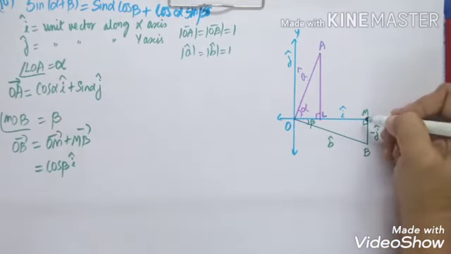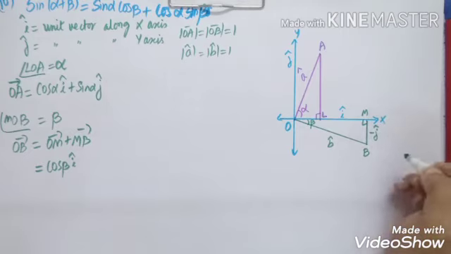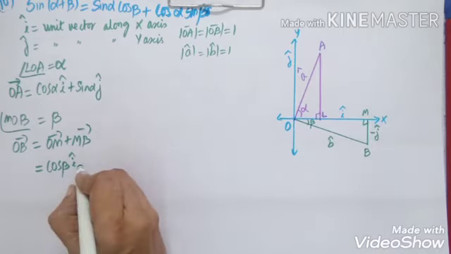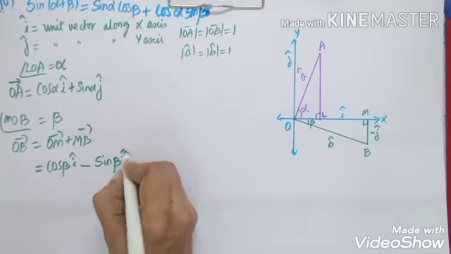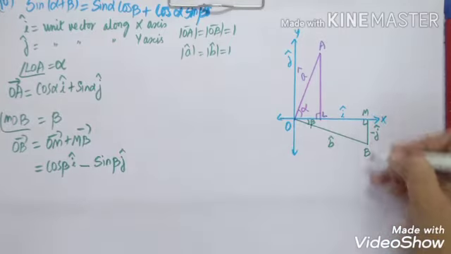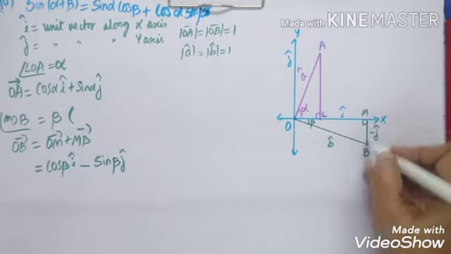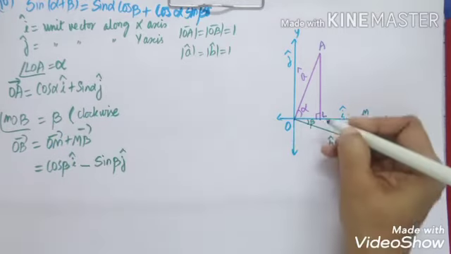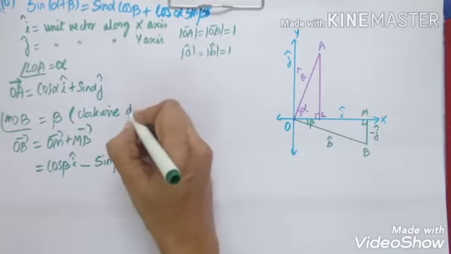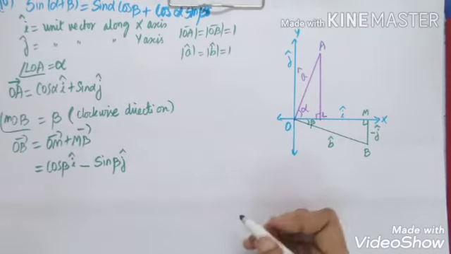But now B goes downward, so the direction is minus j vector. We have to remember this very well: it is minus sin beta j vector because it is downward. So we have taken B in the clockwise direction. Usually we take angles in the anti-clockwise direction, but here we have taken it in the clockwise direction.